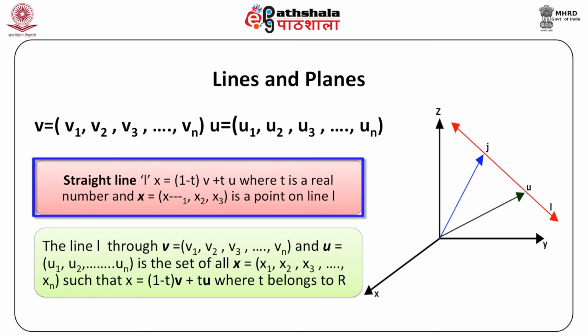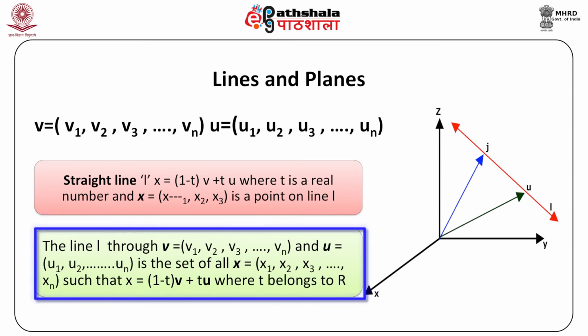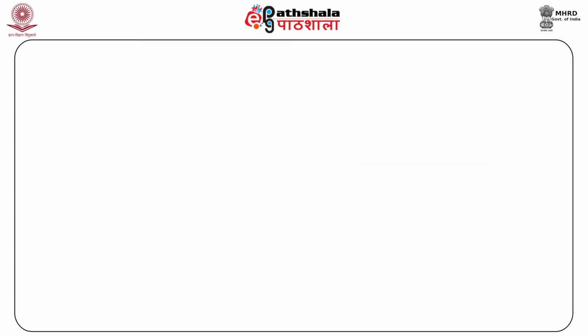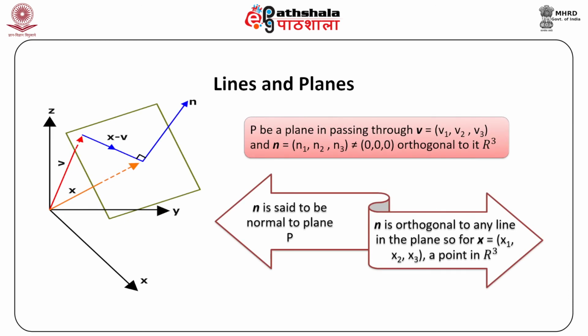The straight line l passing through these points is given by x = (1 − t)v + tu, where t is a real number and x = (x1, x2, x3) is a point on line l. Similarly, the line l through v = (v1, v2, ..., vn) and u = (u1, u2, ..., un) is the set of all x = (x1, x2, ..., xn) such that x = (1 − t)v + tu, where t belongs to R. We now introduce the equation of a plane.